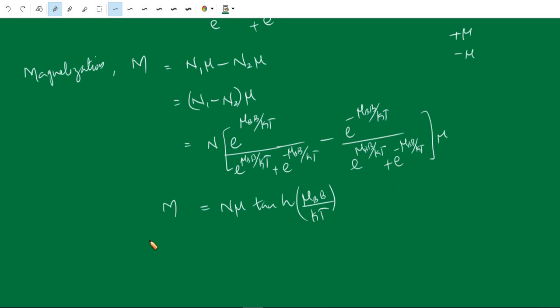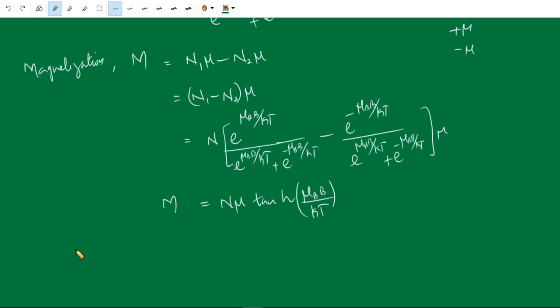Okay. At a high temperature, or when the magnetic field is weak, mu B divided by kT is very much less than 1. In this case, the magnetization M can be written as M equal to N mu times mu B divided by kT.